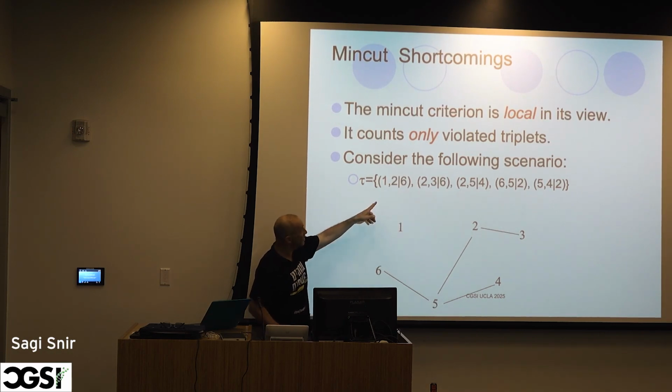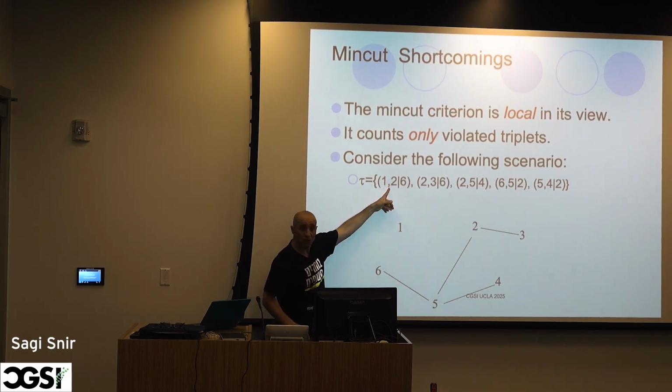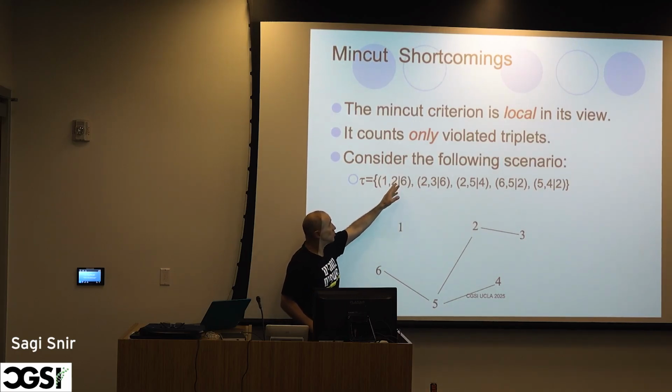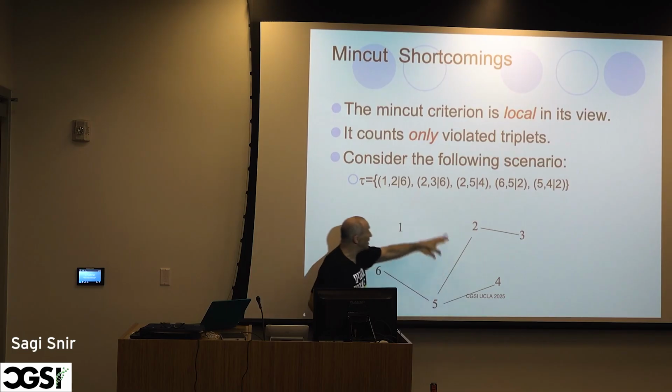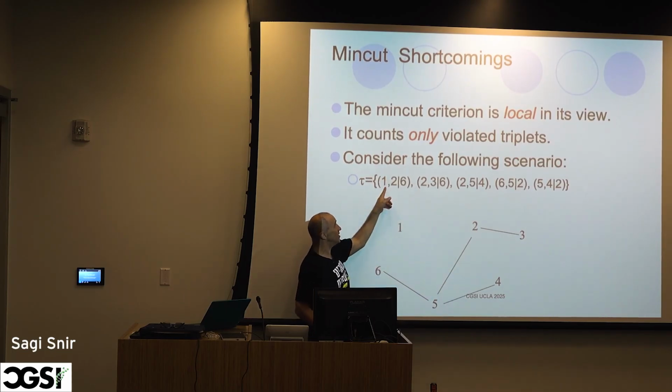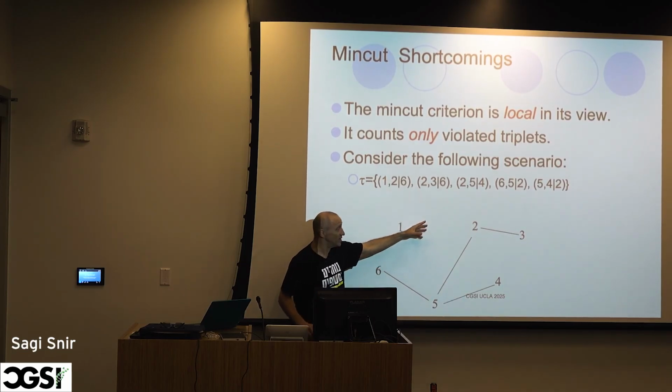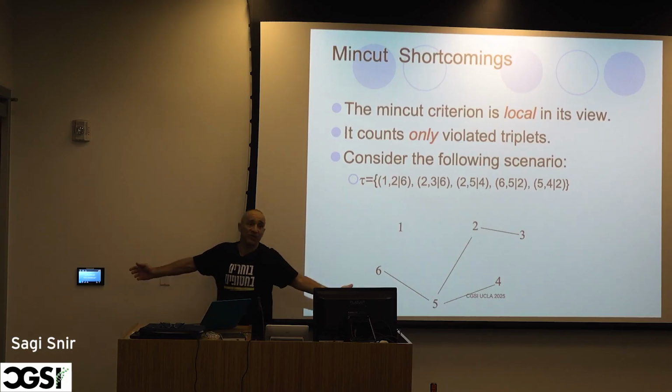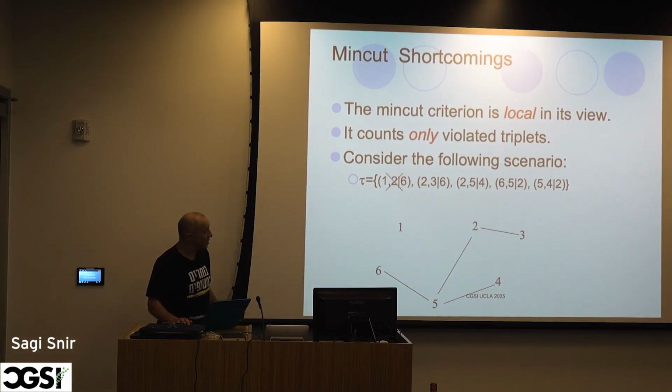We violated this triplet. We violated it because we separated 2 and 6 on one side and 1 on the other side. So it is violated. And now we run min cut.